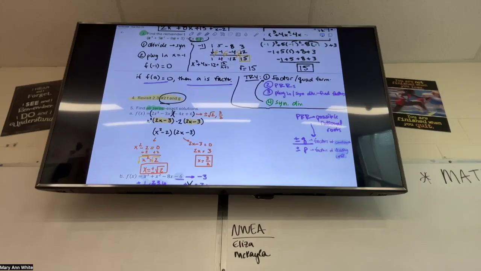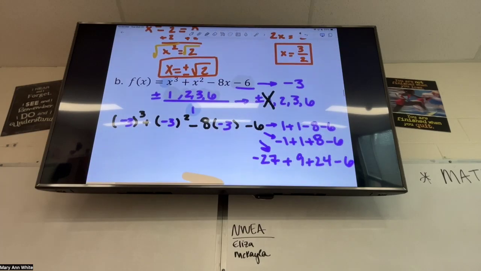In the problem that we didn't finish yesterday, my constant was that -6. So the numbers that multiply to be -6, 1, 2, 3, 6 go on the numerator of my PRRs. And in the denominator is the factors of my leading coefficient, which was that 1 right there.